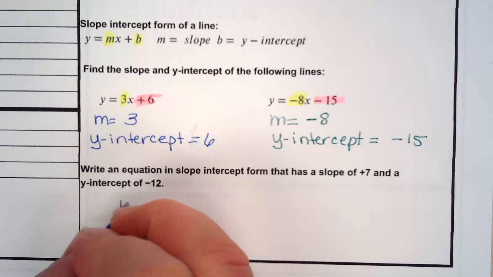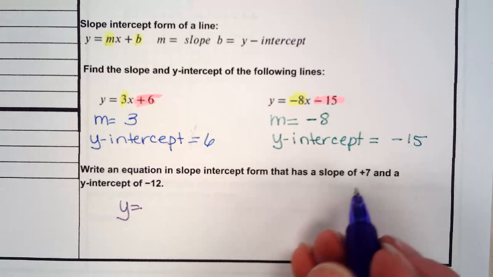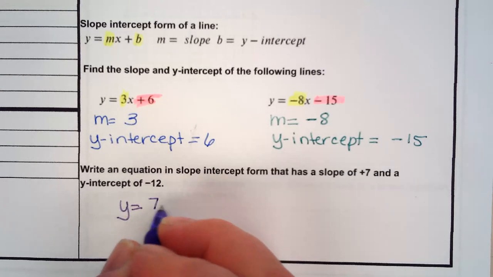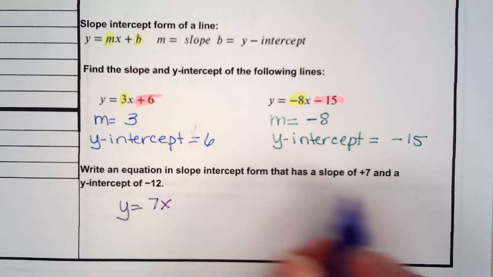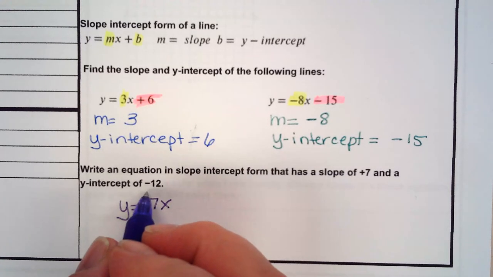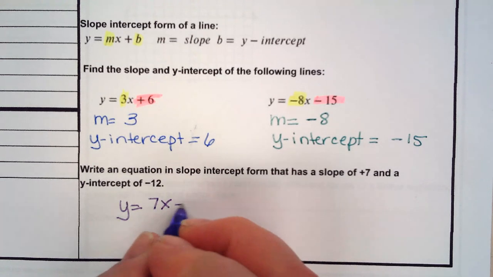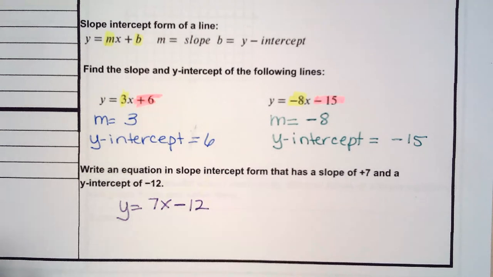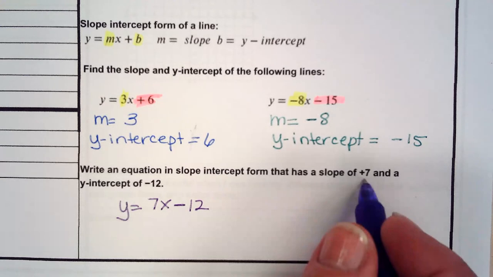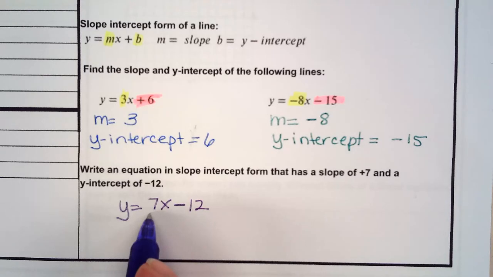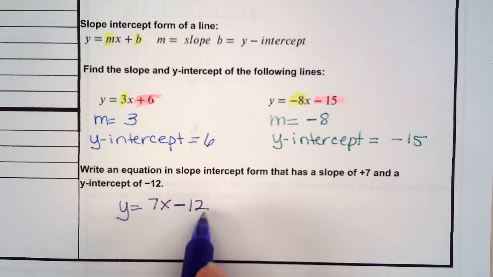So I start with y equals, what is my slope? 7, followed by x. What is my y-intercept? Negative 12. I could put plus negative 12 or simply minus 12. Take a minute and look at this. Your slope goes in front of your x, and your y-intercept is at the end of the equation.